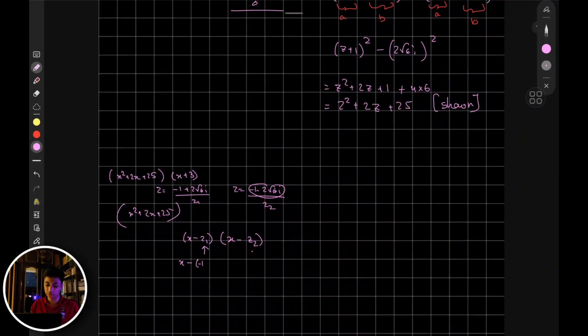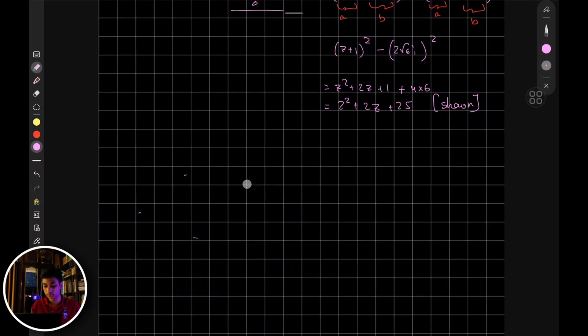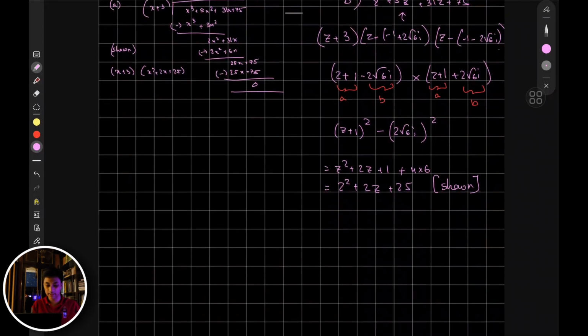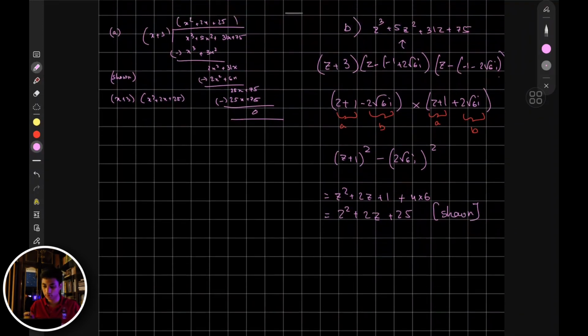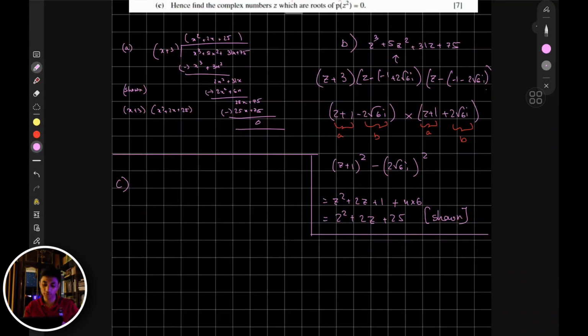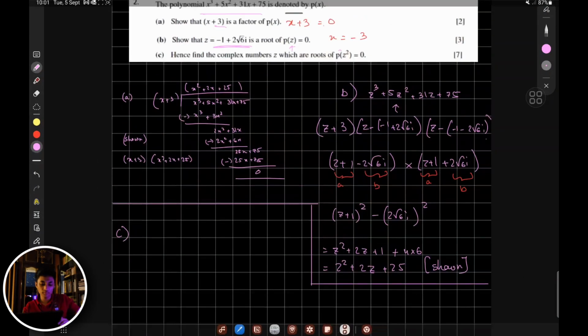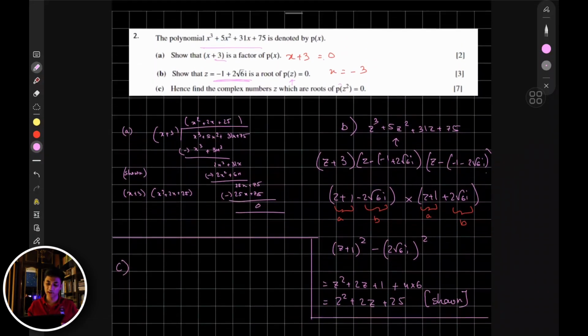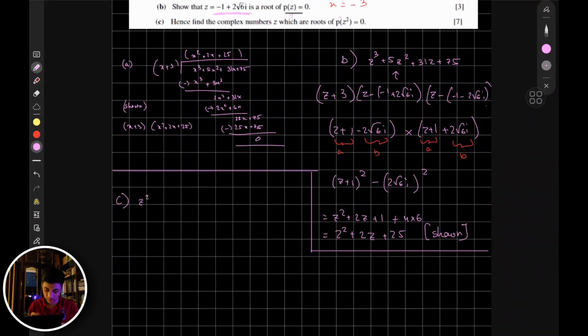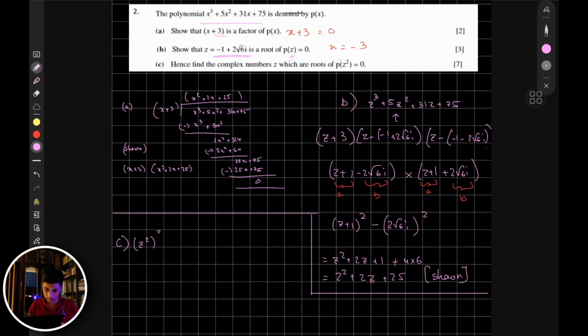So if we try to satisfy that condition, you have to put in z square to the power of 3 plus 5 z square to the power of 2 plus 31 z square plus 75.